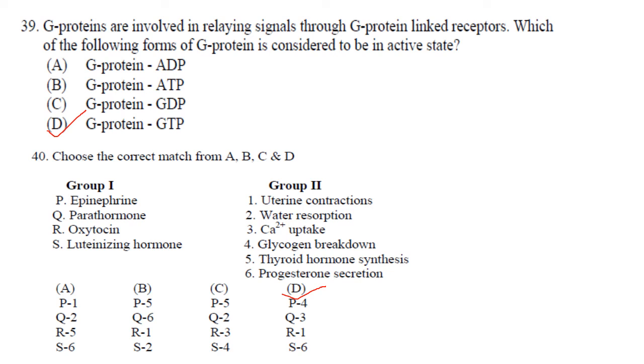Parathormone. Parathormone is calcium uptake. So Q3, that is also correct. Oxytocin is for uterine contraction. So R1 is correct. Luteinizing hormone is for progesterone secretion. So S6 is also correct. So option D is correct.